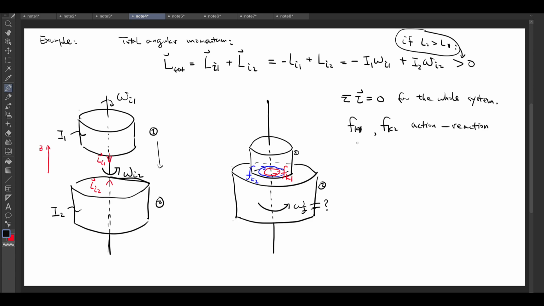Now, if I calculate the torque due to Fk1 and Fk2, their torques are also in opposite directions. So if you think about the system's total torque, these two cancel out. Another way of saying this is that since we think about 1 and 2 as our system, then we need to think about external torque.